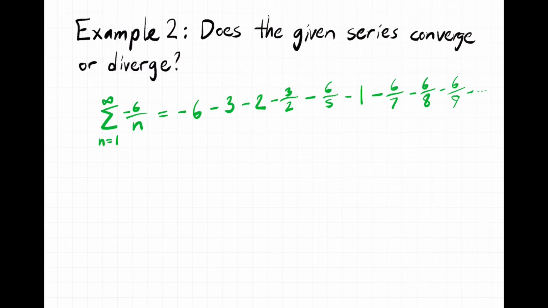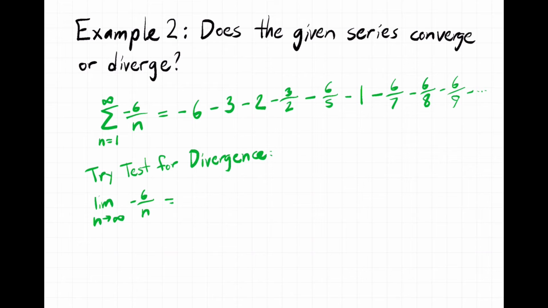Let's try and figure out whether this series converges or diverges. So we could try the test for divergence. Let's find the limit as n goes to infinity of the individual terms here, -6 over n.